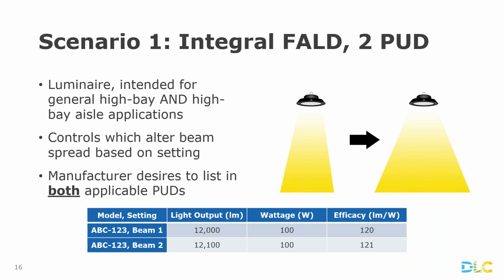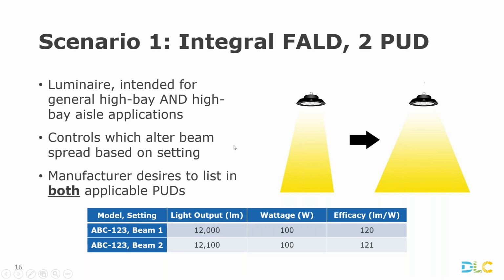If beam 1 is the narrower setting intended for the aisle lighting applications, let's assume that's ever so slightly less efficient than the beam 2 setting, the wider setting intended for non-aisle applications. If we take this as a premise, we'll see how it works through in terms of what's required for testing, what's required for submission, and ultimately how the product would end up getting listed.